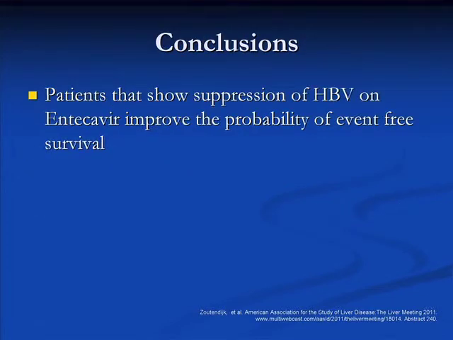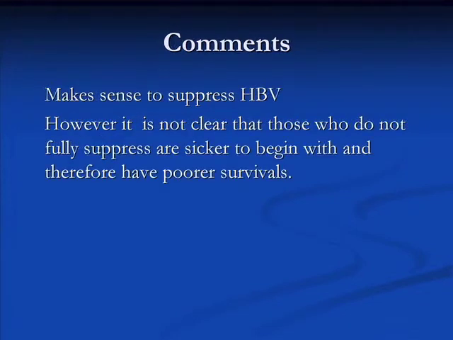The authors concluded that suppression of hepatitis B on entecavir improves the probability of event-free survival. So I think it makes a lot of sense to suppress hepatitis B in these patients.